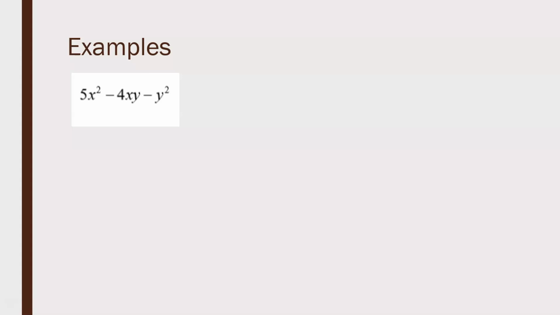We have 5 times -1. So I need factors of -5. Not many choices here. We have -1 and 5 and -5 and 1. So we want to get to -4, so we're going to pick that one.